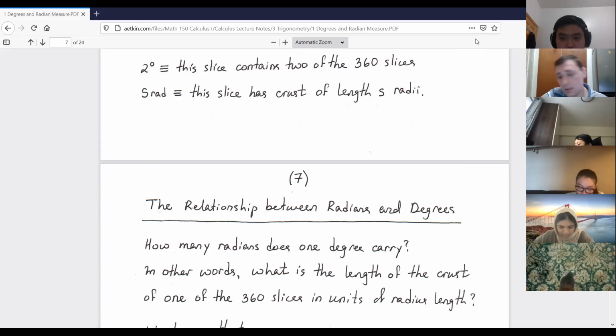Very important, guys. I want you to have a very, very clear notion of what's a degree and what's a radian and how they're related and why one is natural and the other one is man-made.